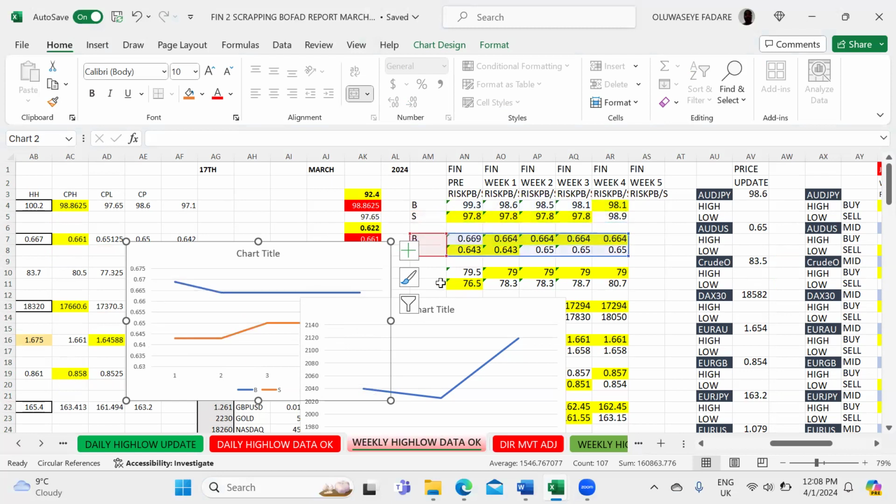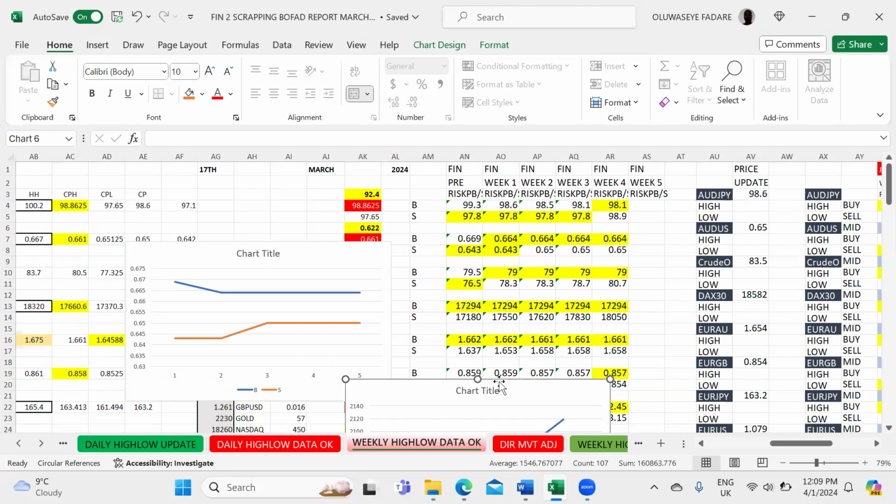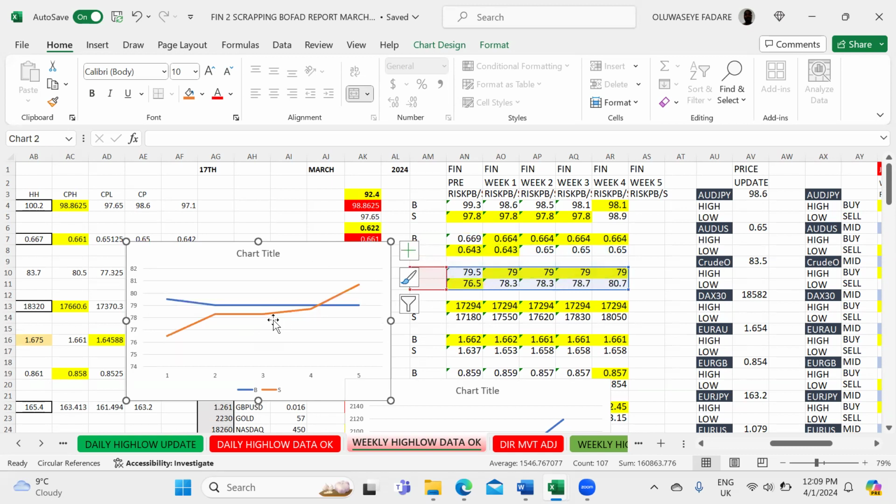Same thing, as you can see, a sell initially, then it became a buy. Any price below this will be a sell, any price above this will be a buy. So you see, this one is a buy. Can you see?